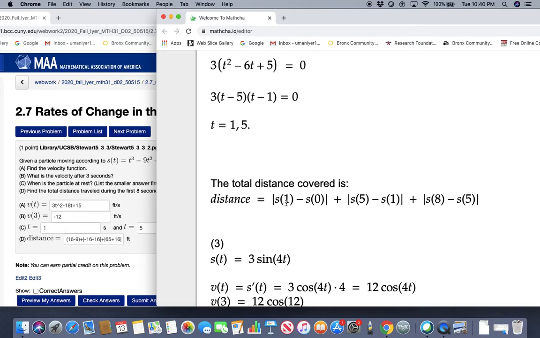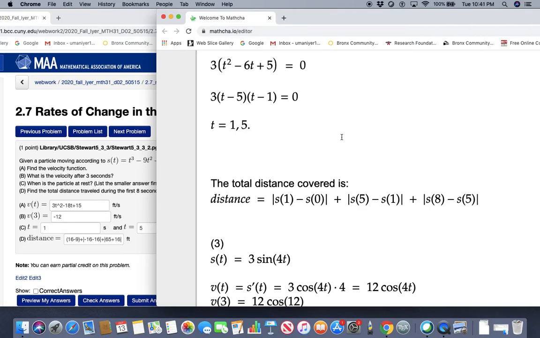Where did 1 come from? This one. For the first second, time t equals 0 to time t equals 1, find the difference, take the absolute value, plus s of 5 minus s of 1. Where did this 5 come from? Again here. The point is, at some point you're moving forward, then possibly moving backward, then moving forward again, and so on.